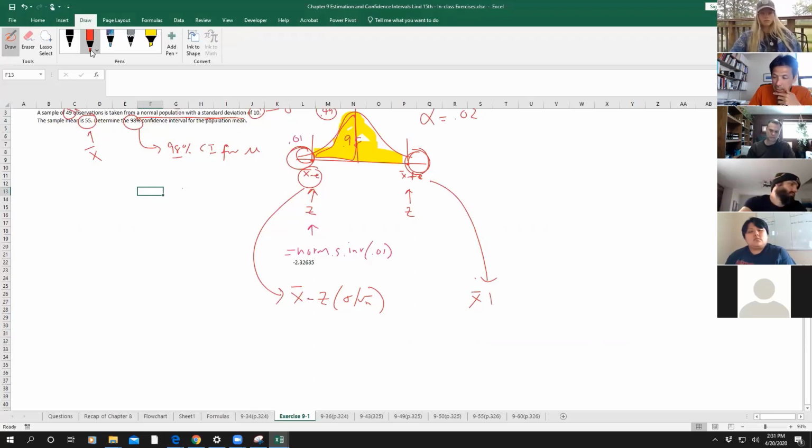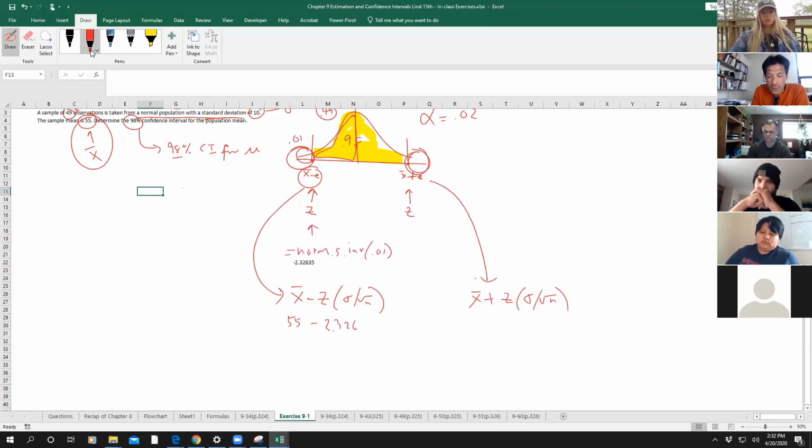Substituting the given information: x bar is 55, minus z, which is 2.3264, I'm just rounding here, times sigma of 10 divided by the square root of sample size 49.